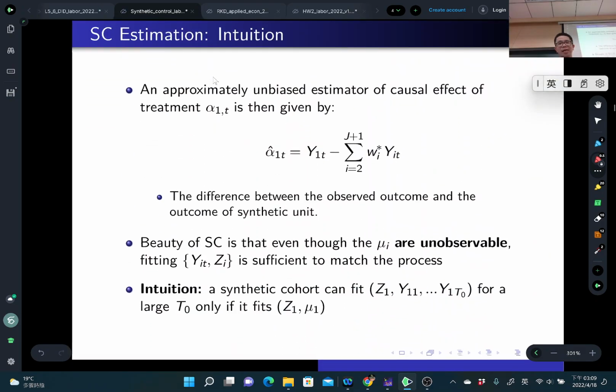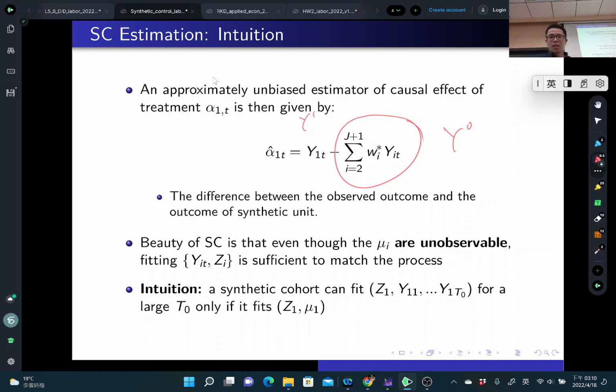So Y1 is realized for treated unit 1, but we don't know Y0. The above theory says if we can find a weight that matches the pre-treatment period's outcome and observed characteristics, we can use this weighted average to replace Y0. And then we can get a causal effect. Just compare this and this. We can get a causal effect for each period.